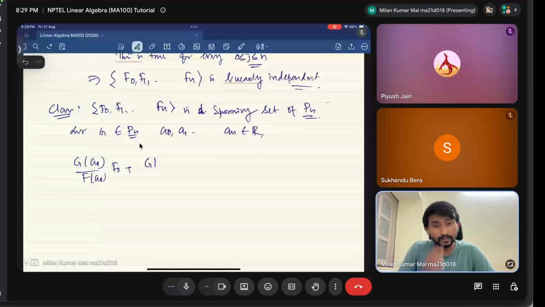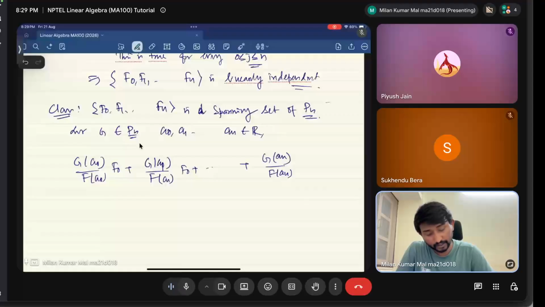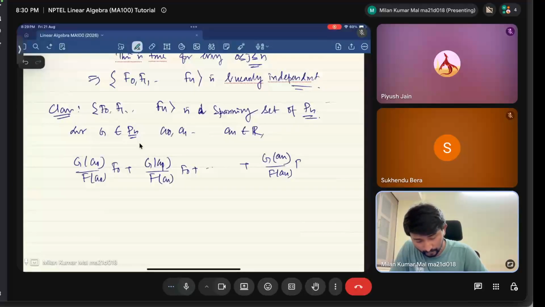My claim is that this is the function g. Why is this the function g? Here is an interesting result. Consider the following polynomial.